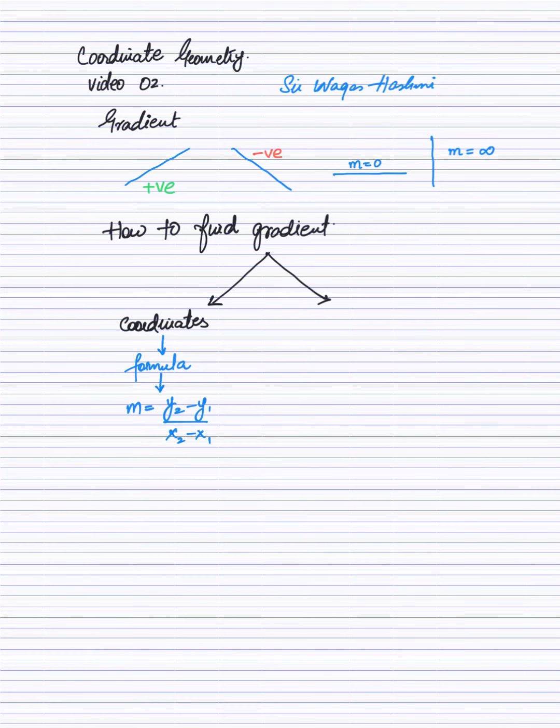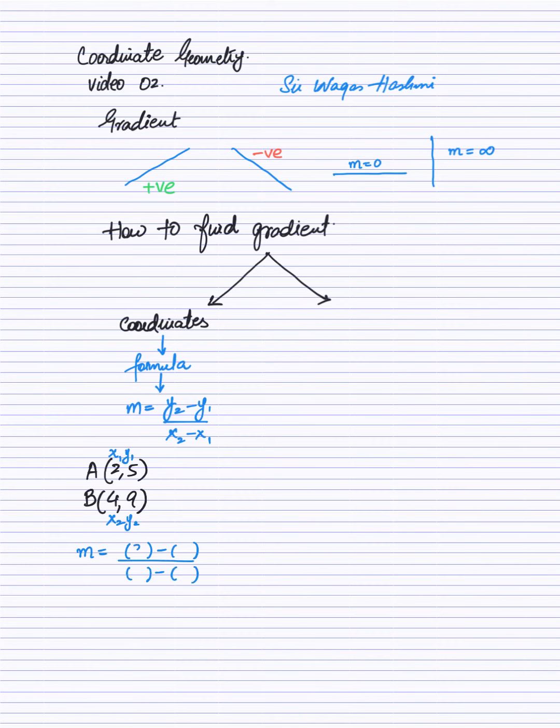Let's take an example here. Let's suppose you have a point A, the coordinates are 2 and 5, and you have point B, the coordinates are 4, 9. Alright. So if you need to find out the gradient, first you need to label x1, y1 and x2, y2. Once you have labeled the coordinates, you need to apply the working formula, that is y2 minus y1 divided by x2 minus x1.